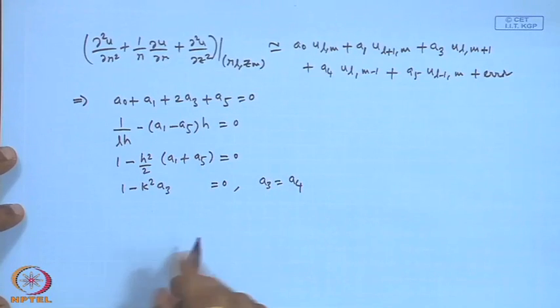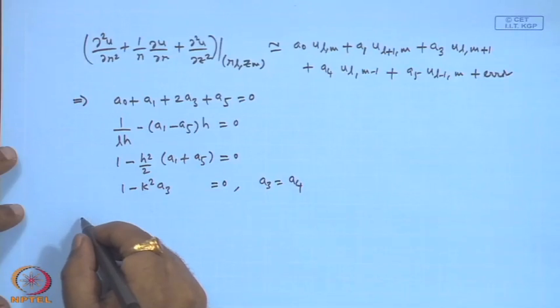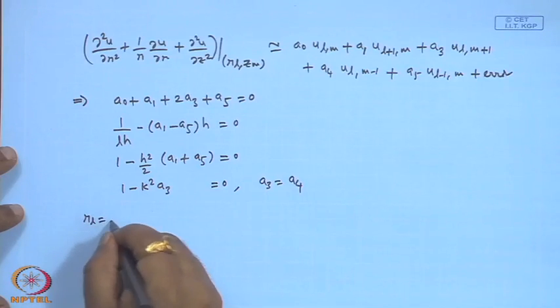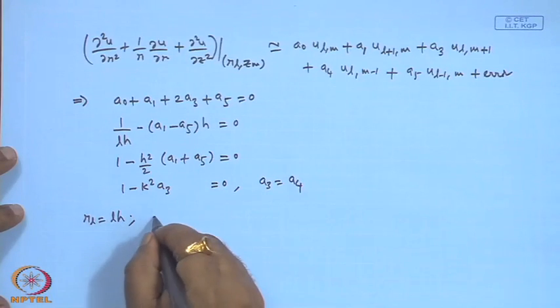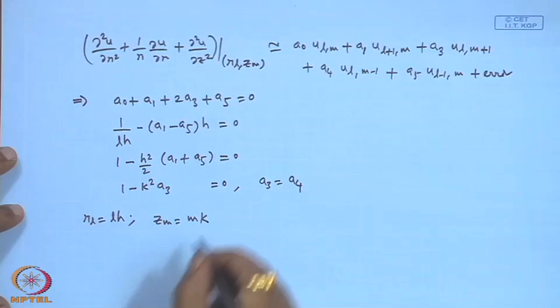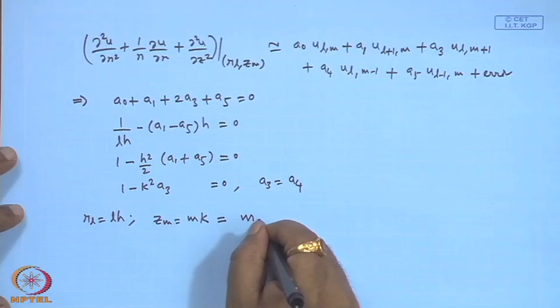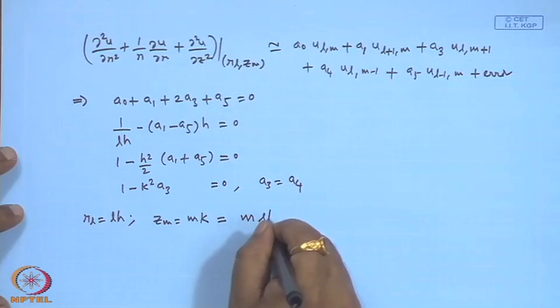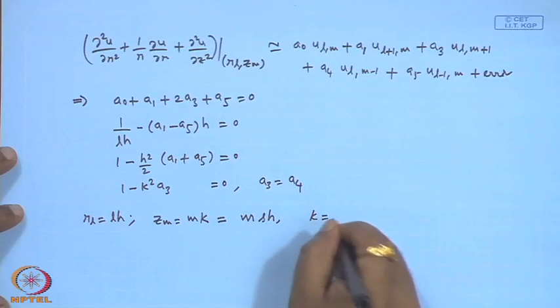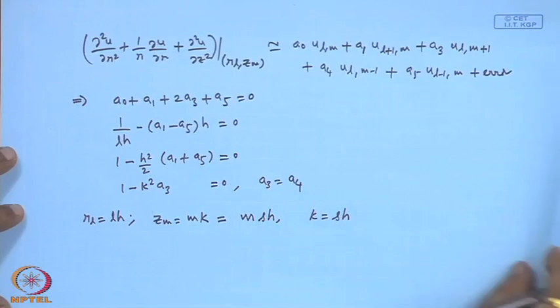Okay. So, now when you remember RL is LH and Zm is Mk. So, then let us have this M, SH, that means K is taken as SH, okay, special case.